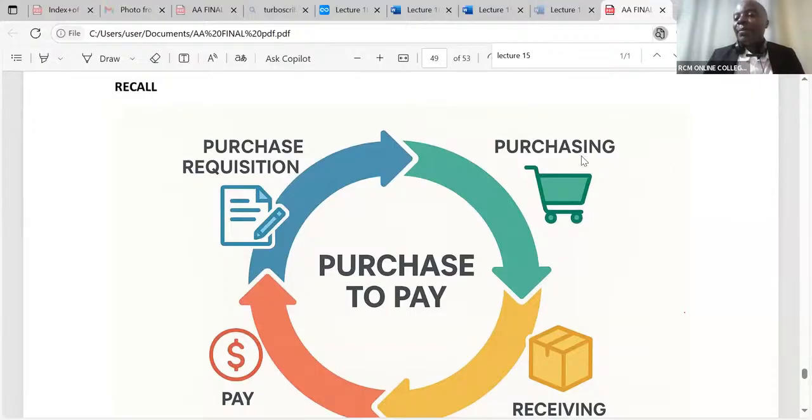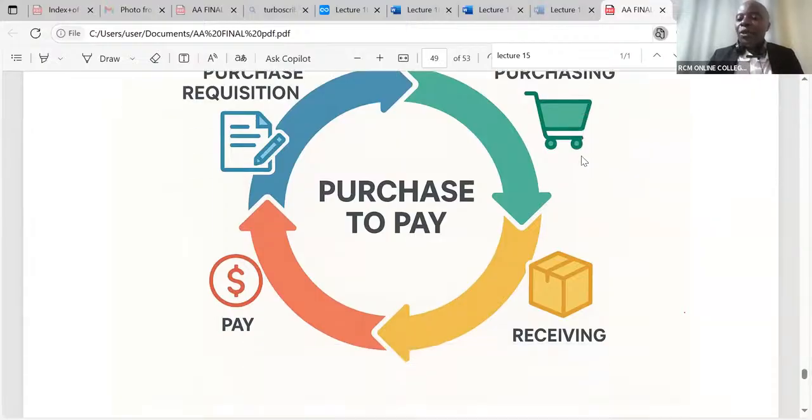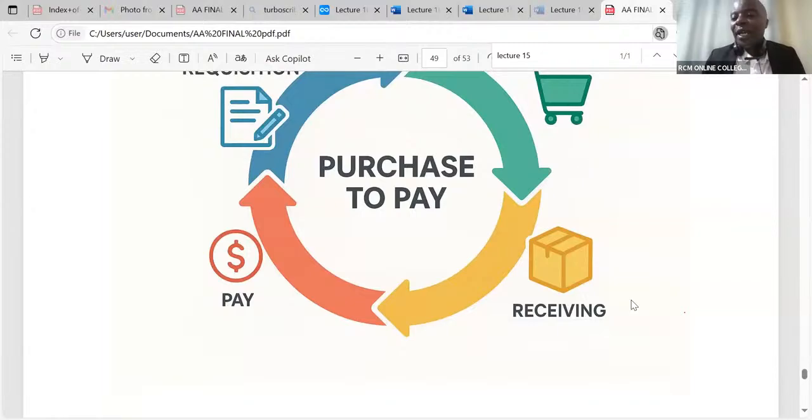Once this supplier gets a purchase order, they'll be able to bring goods. As they bring goods here, the warehouse master should be armed with what we call a goods received note. The goods received note should also be pre-numbered sequentially.